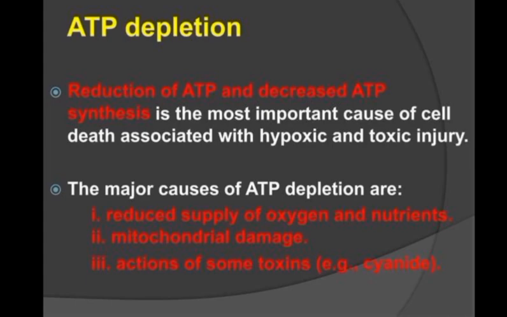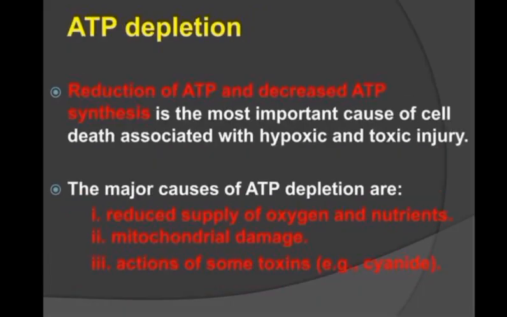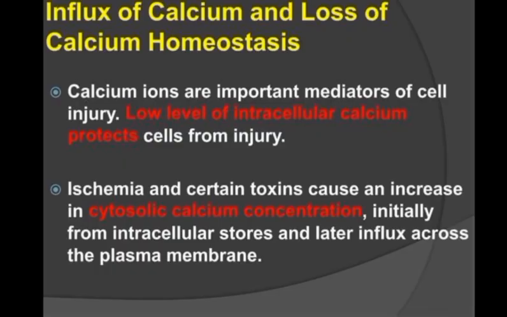The major causes of ATP depletion are reduced supply of oxygen and nutrition, then mitochondrial damage, and actions of some toxins like cyanide. Next one is influx of calcium and loss of calcium homeostasis. Calcium ions are important mediators of cell injury, because low levels of intracellular calcium protect the cells from injury.